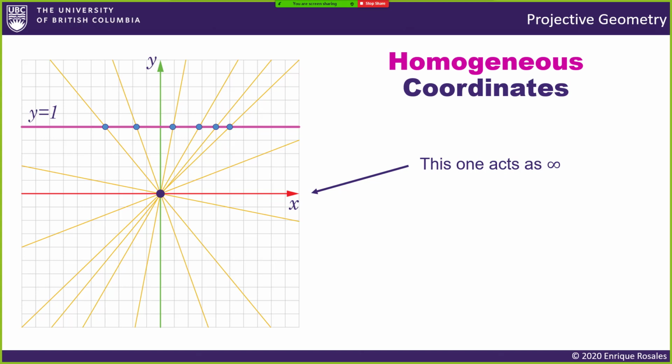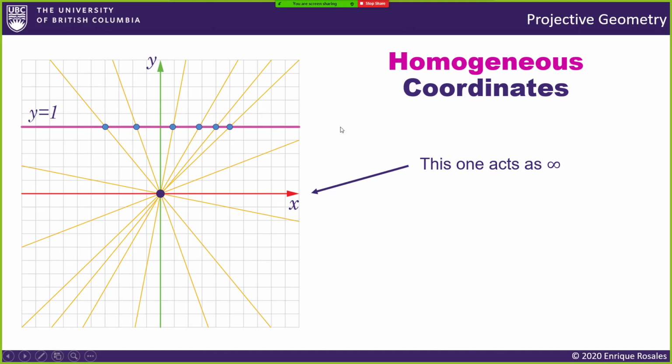So now, conceptually speaking, this line acts like the infinite point. This is the interesting part of projective geometry and a projective line: we are taking an entire 2D space and mapping it into a one-dimensional space. Because again, almost every point on that space can be mapped to this specific line.